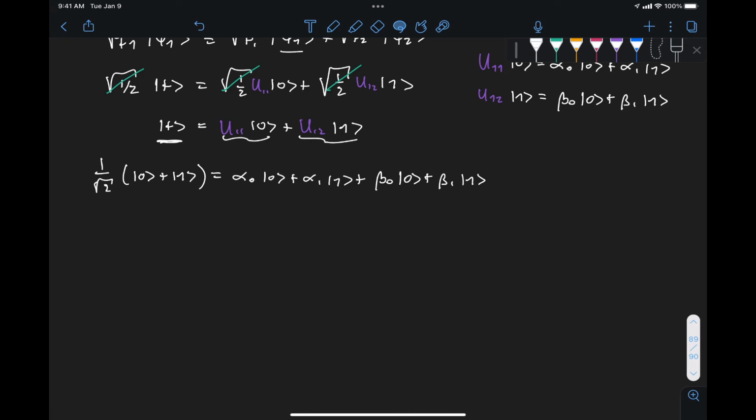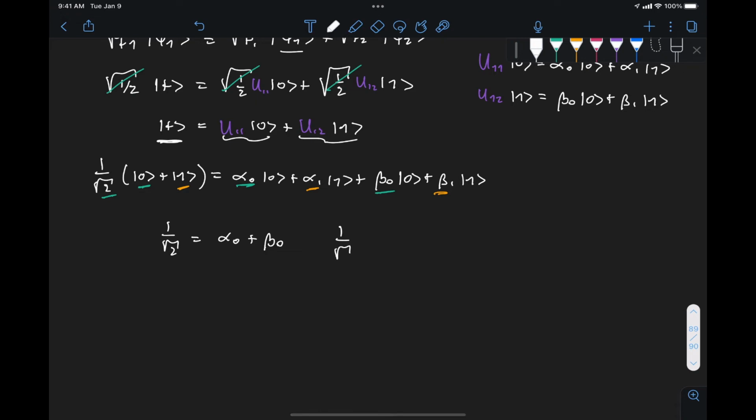So now what we can do is equate the terms associated with state 0 on this side with the ones on this side, and the terms with state 1 on this side with the ones on this side. So that gives us two equations. 1 over root 2 has to be equal to alpha 0 plus beta 0.